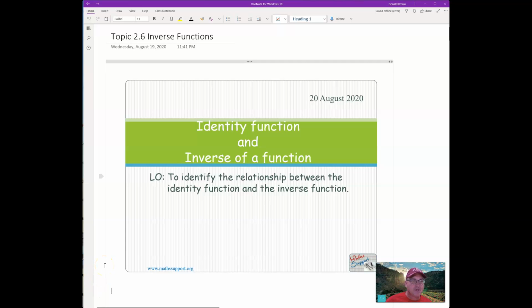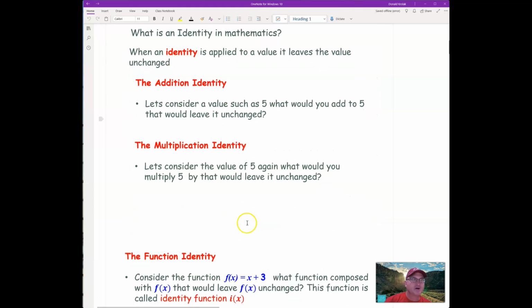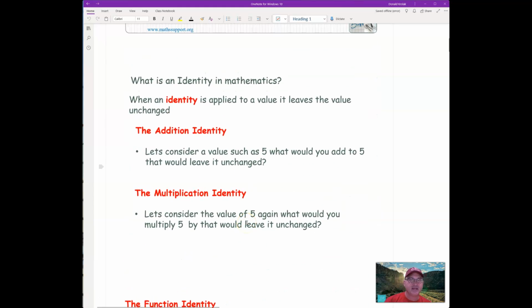Alrighty, so identify the relationship between an identity function and the inverse function. So first of all, we got to talk about what is an identity. An identity is when an identity is applied to something, it doesn't change it.